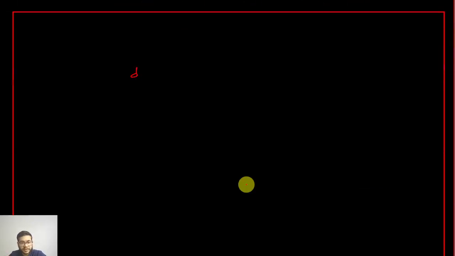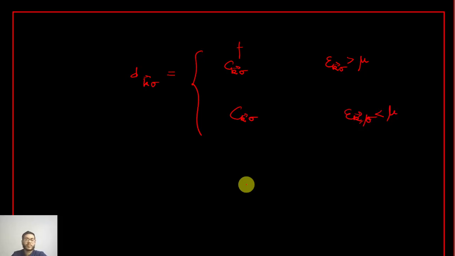So we define d_k sigma equals c_k sigma dagger if epsilon_k sigma is greater than mu, and c_k sigma if epsilon_k sigma is less than mu. What does it mean? If epsilon_k sigma is greater than mu, we are talking about a state outside the Fermi sphere.